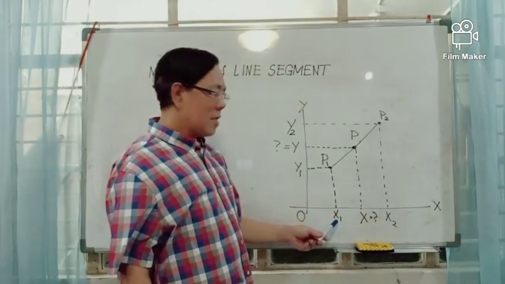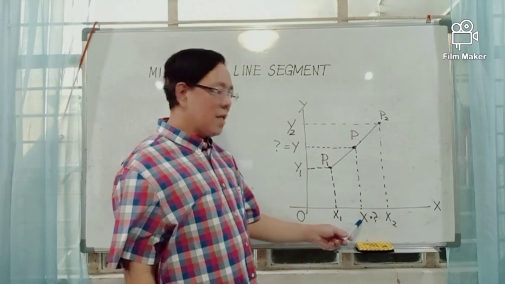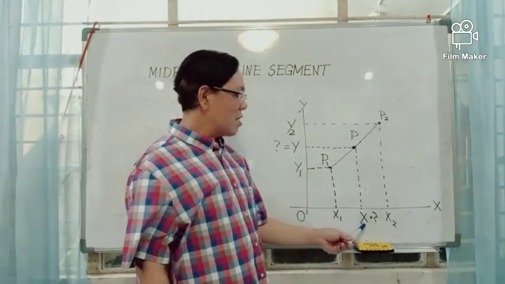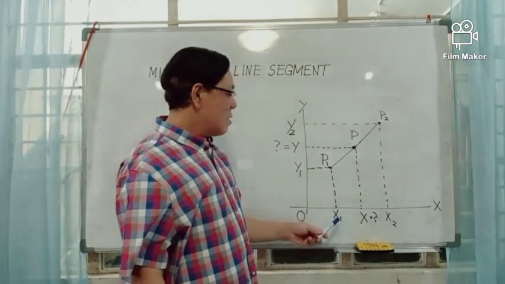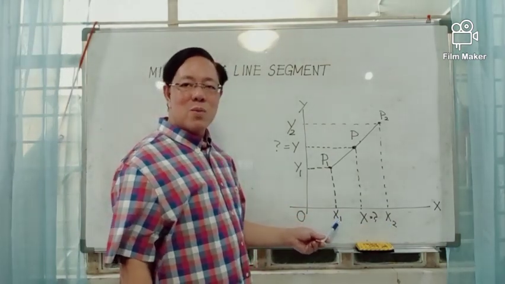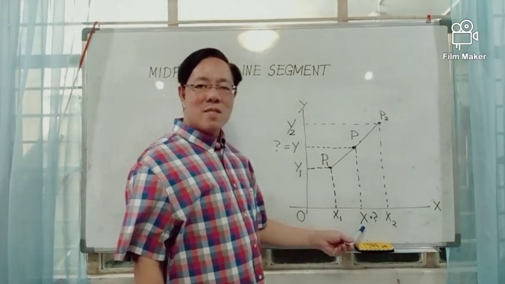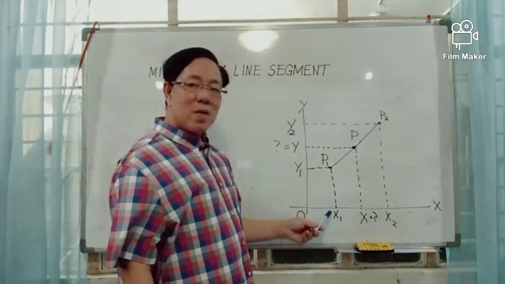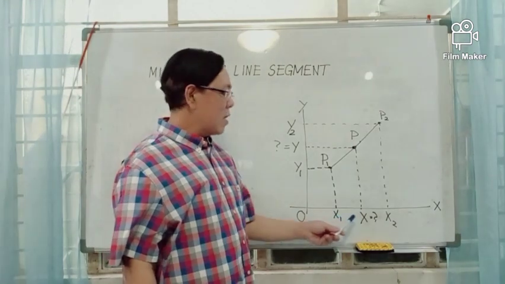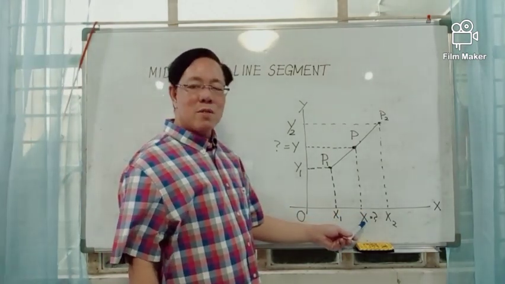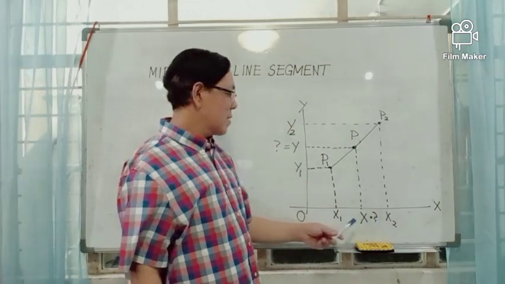Or the distance between X1 and X is equal to the distance between X and X2. So we will get the distance between X1 and X, and the distance between X and X2. When you get the distance between 2 points on the x-axis, you always start with the point at the right.